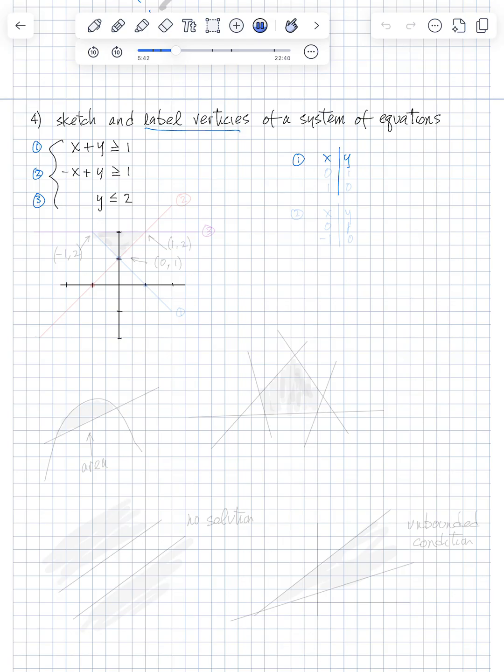So when x is 0, y is 1. When x is 1, y is 0. So we'll plot those 2 points. 0, 1 is right here. 1, 0 is right here. So we want to draw a line through that. And these are all greater than or equal to, so these are all going to be solid lines.